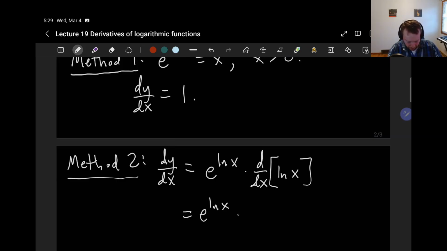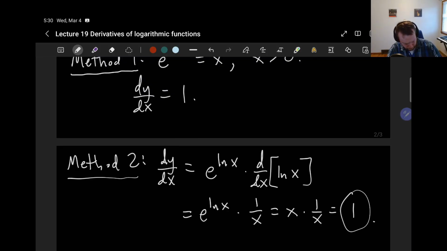So e to the ln of x times 1 over x. And okay, now it would be nice to use the identity that this is just x. Again, assuming x is a positive number, otherwise this is nonsense. But I wouldn't worry too much about that.